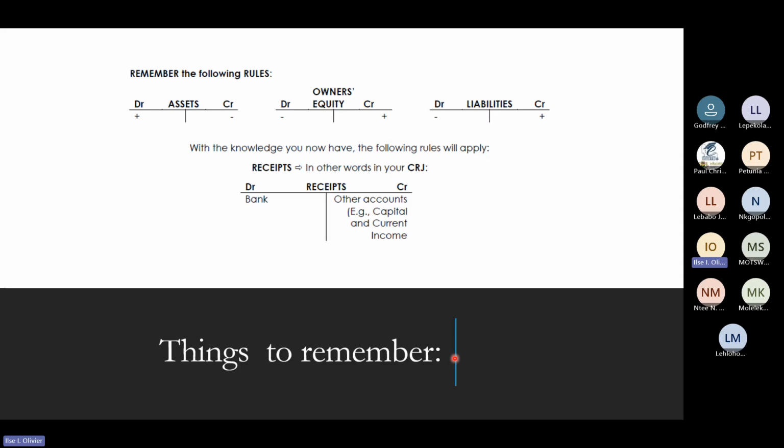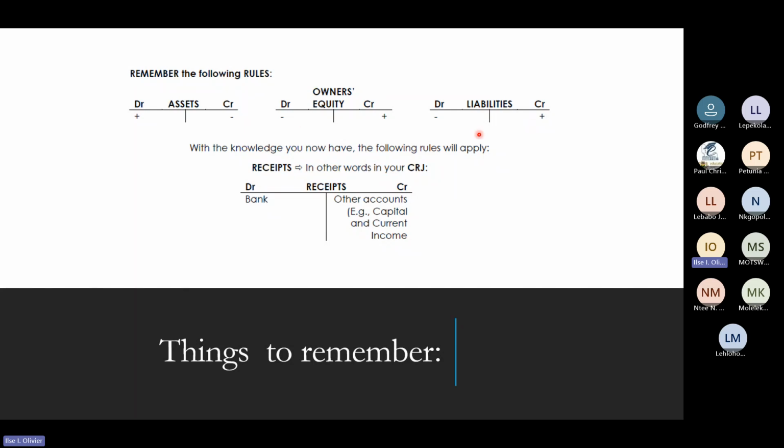Okay. Things to remember when we look at our general ledger, especially for the CRJ. Always remember the rules. An asset always increases on the debit side and decreases on the credit side, while owner's equity always increases on the credit side. That will include your capital and any income like your current income, and will decrease on your debit side, and that will include your drawings and your expenses.